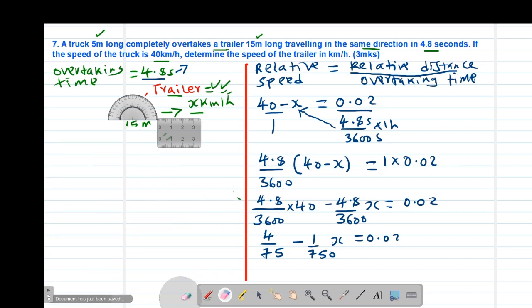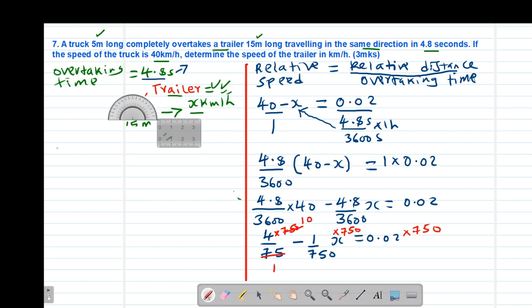Therefore, I'm going to multiply through with the LCM. So my LCM is 750, so I'm going to multiply this part with 750, I also multiply this with 750, and I also multiply this with 750. So of course 75 into 750 will go 10 times.